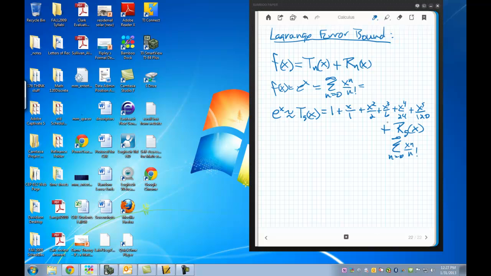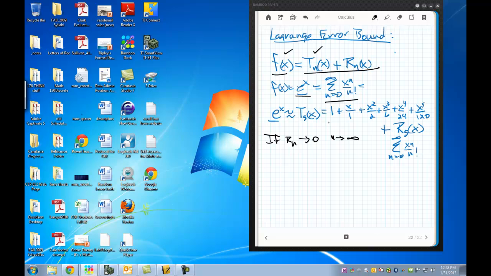We know that e to the x and its Taylor series are only equal to each other if R sub n goes to 0 as n goes to infinity. Then I can claim that these two are equal, because as n goes to infinity, theoretically R sub n should go to 0, and you end up with the Taylor polynomial equaling f of x.